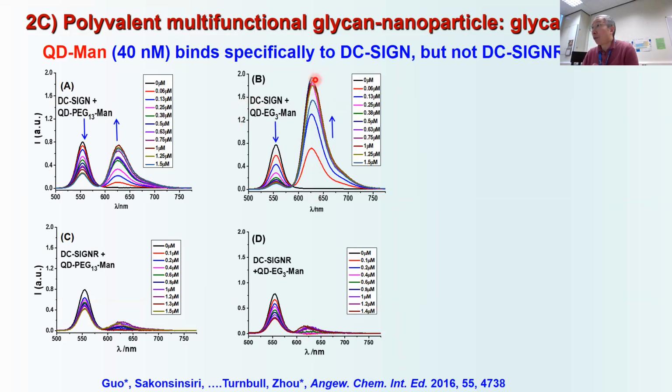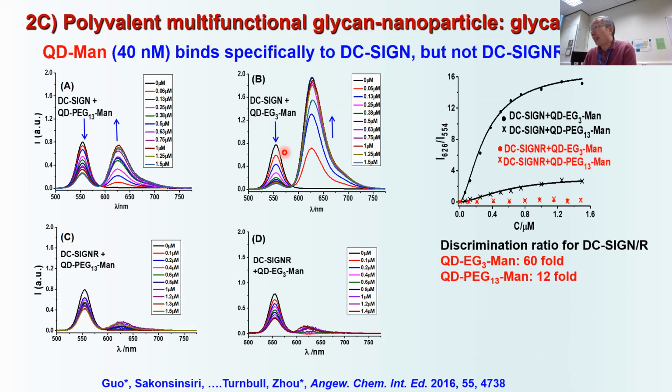If we use the ratio of the dye to the quantum dot, which is proportional to the amount of the protein that has bound to the quantum dots, versus the concentration plot, we can see for DC-SIGN, with both short linker and long linker, they follow a typical binding curve.